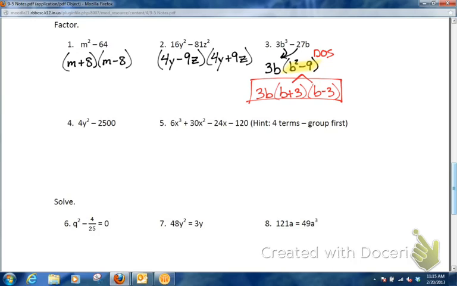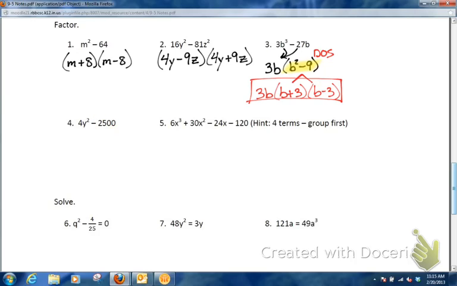All right, so let's look at number 4, and I'm actually going to talk about this as we do it together too, because right now you look at 4 and you say, hey, this is a difference of squares, everything's ready to go, and you're correct. 4 is a perfect square, power of 2 is even, and 2,500 is a perfect square. You can check it on your calculator.